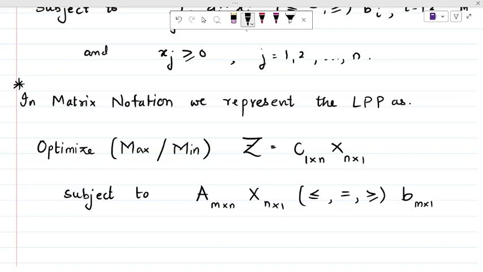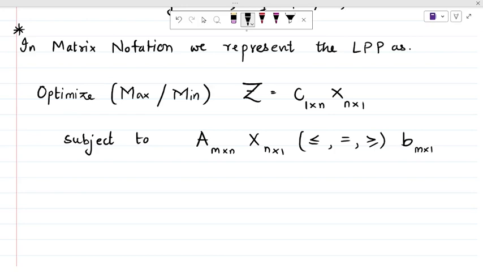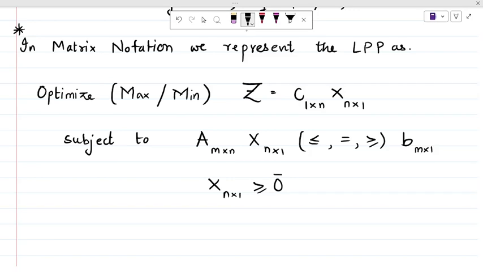And there are those non-negativity conditions, that you can also say x is n cross 1, which is greater than or equal to the 0 vector, or a matrix you can call.